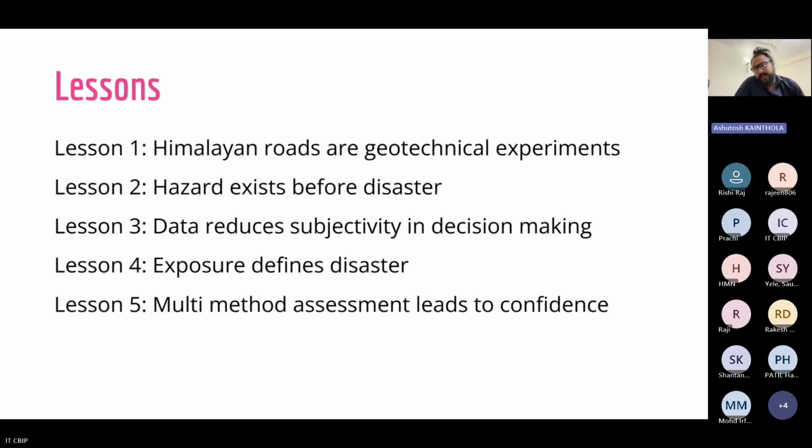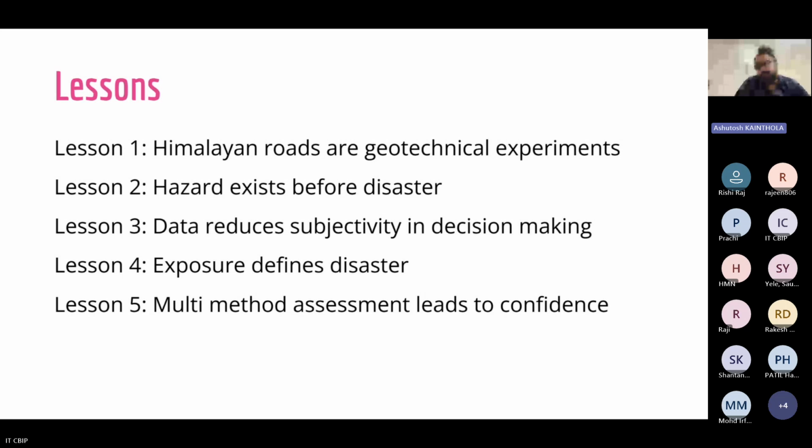And most of the disasters are defined by the population they are exposed to. Another thing, we have used two different hazard rating systems. In my opinion, more should be used because any method, any scheme relies on certain assumptions.